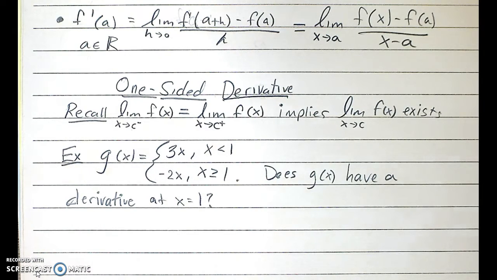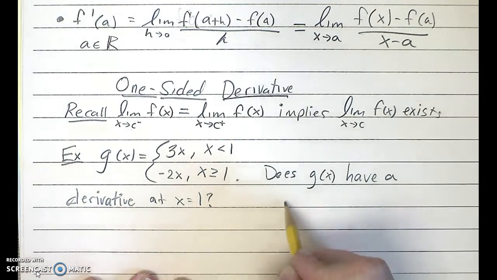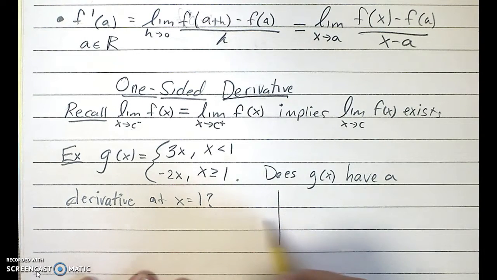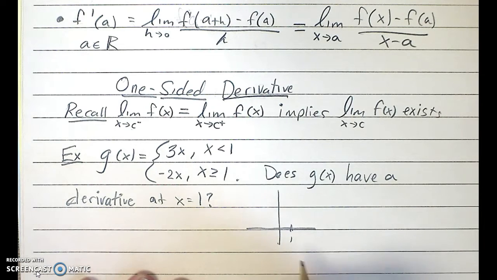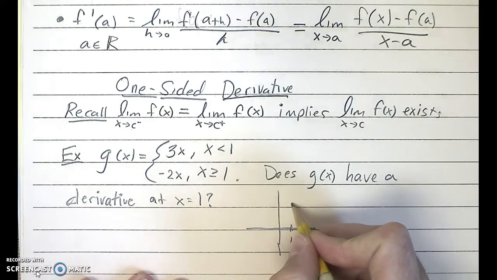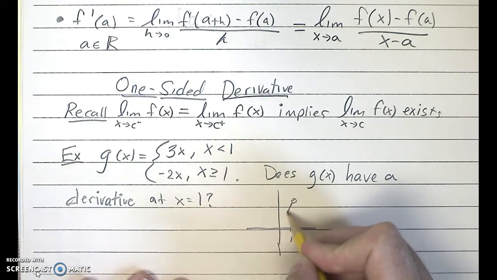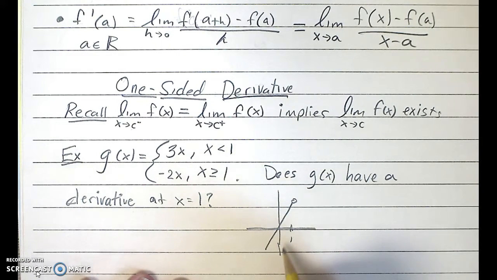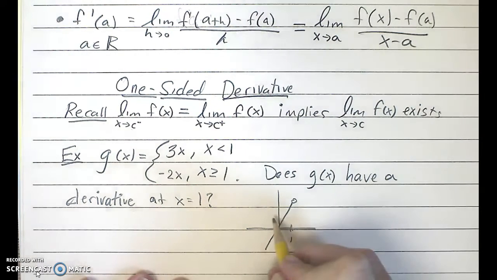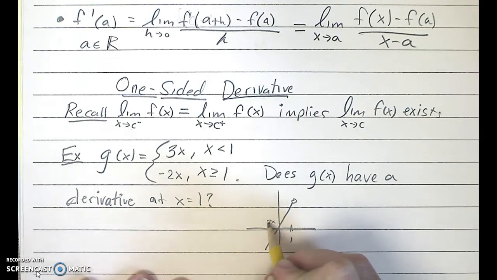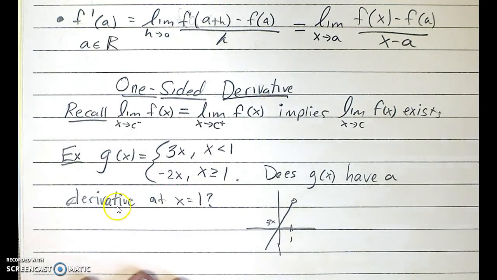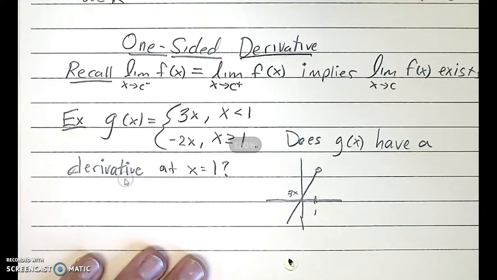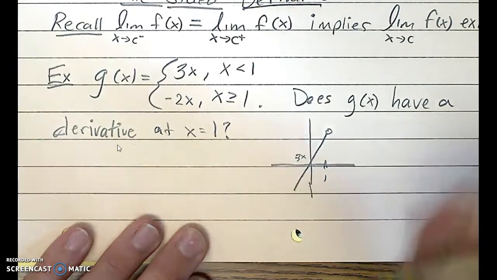Okay? So, if we look at the graph really quickly, when x is 1, we'd have something that looked like this. From the left, that's 3x. We zoom in on this.